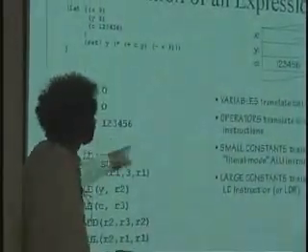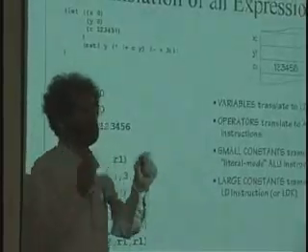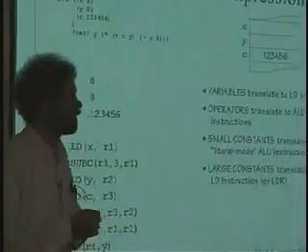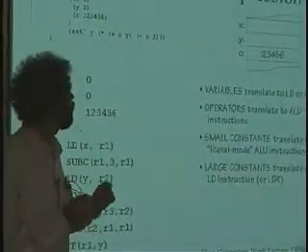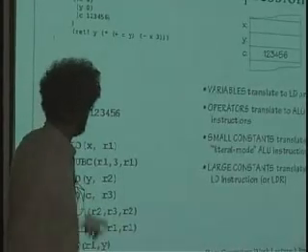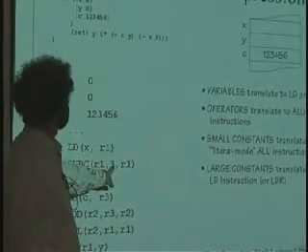So, let's talk about this just for a few seconds. Constants. If I have a constant that is small, that is less than 16 bits wide, in other words, in the range of negative 32K to positive 32K, I can put that into an instruction. So, for example, I can put the number 3 in here. Okay?